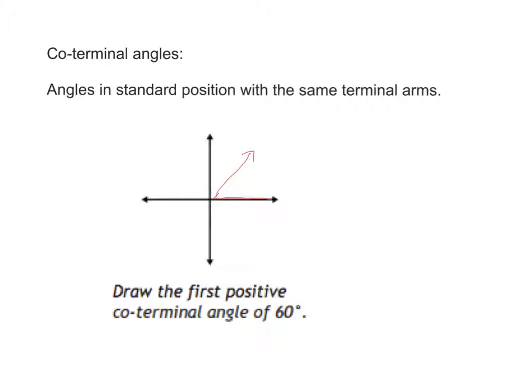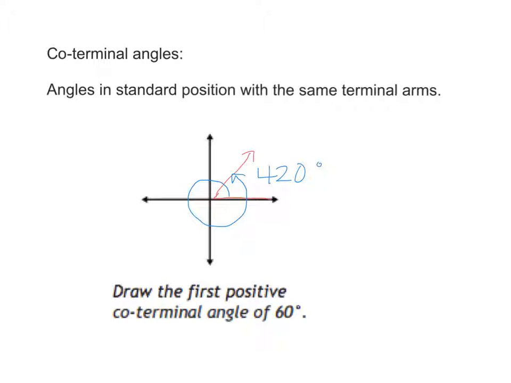So what we have to do is start on the x-axis and go all the way around to there. So it's 360 plus 60, which is 420. That's a coterminal angle of 60 degrees.